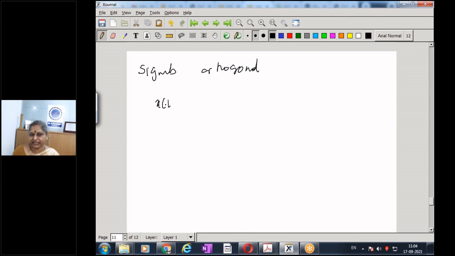If I have a signal x of t and another signal, say y of t, and I integrate the product, normally if it is complex it is a conjugate, but we know all signals are real, but for completeness let's put the full one.